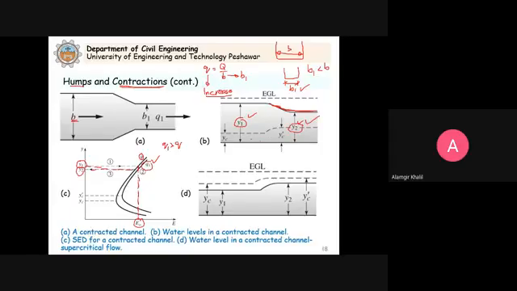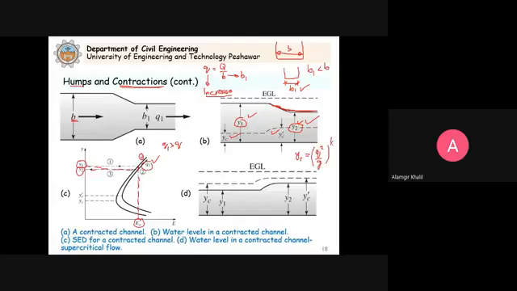Now you can also see the difference in the critical depth. This is YC and this is YC dash. Why has it changed? Because YC is a function of q. You remember this YC that we discussed for a rectangular channel: YC is equal to q squared divided by g, to the power 1 by 3.